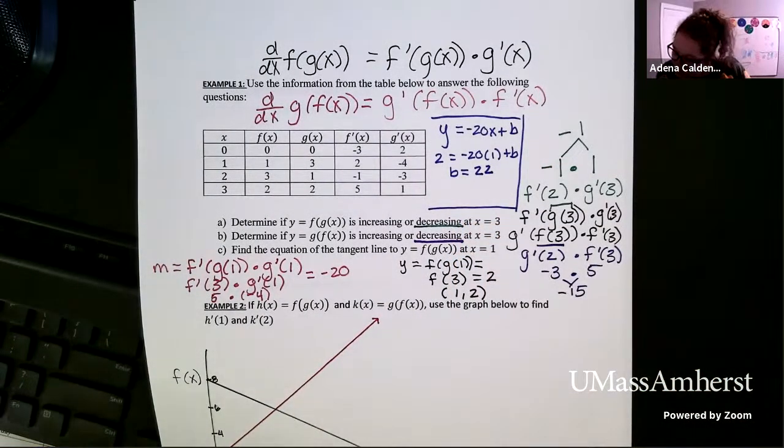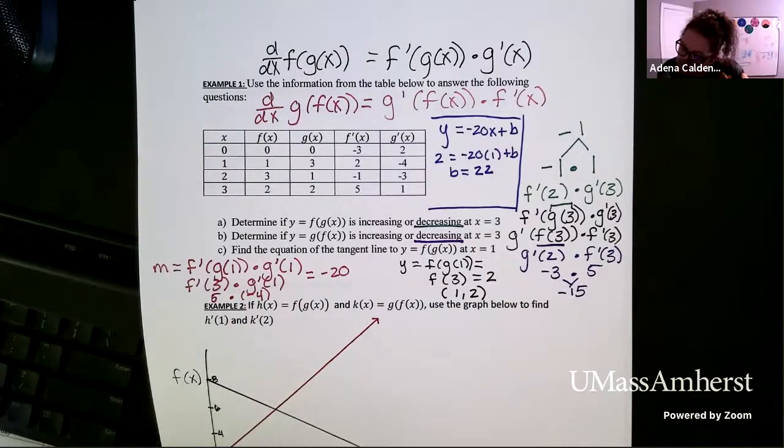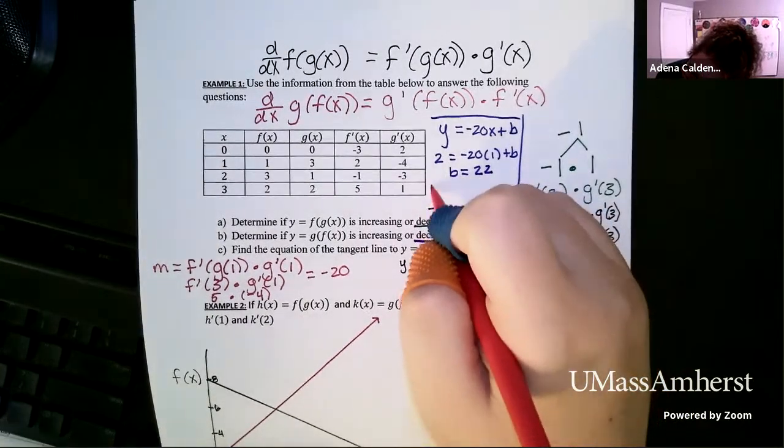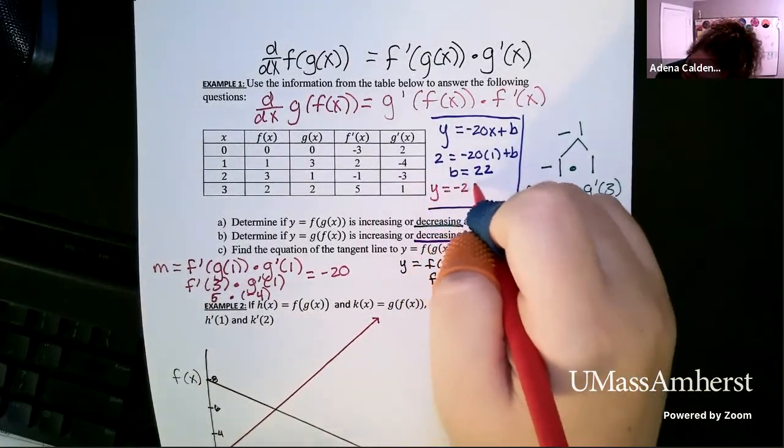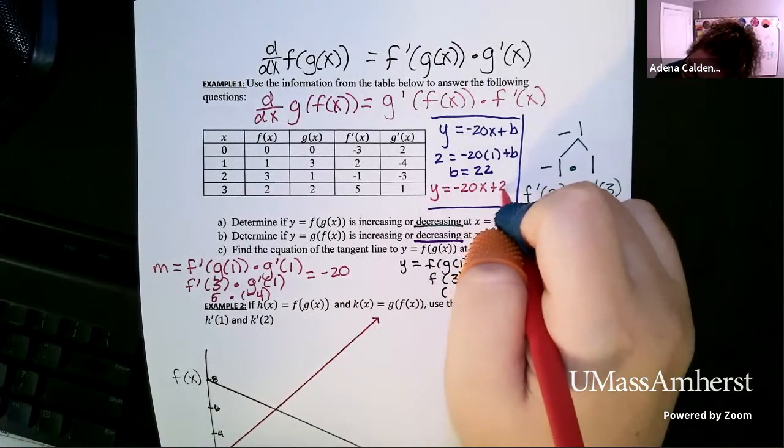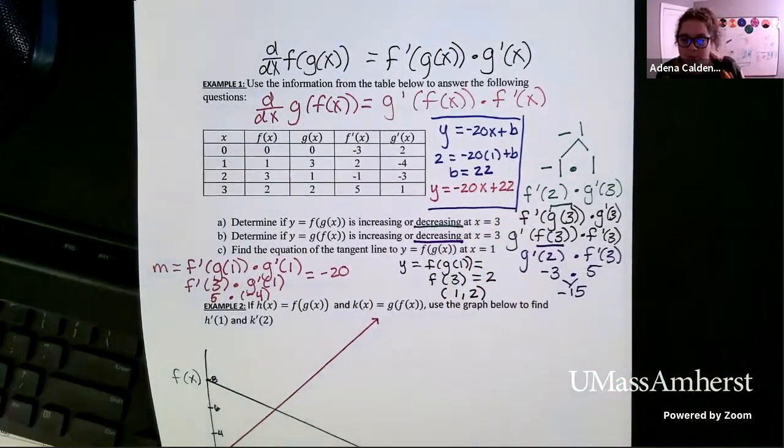Okay. So if my b is 22 and my slope is -20, that gives me a final equation of y equals -20x plus 22.